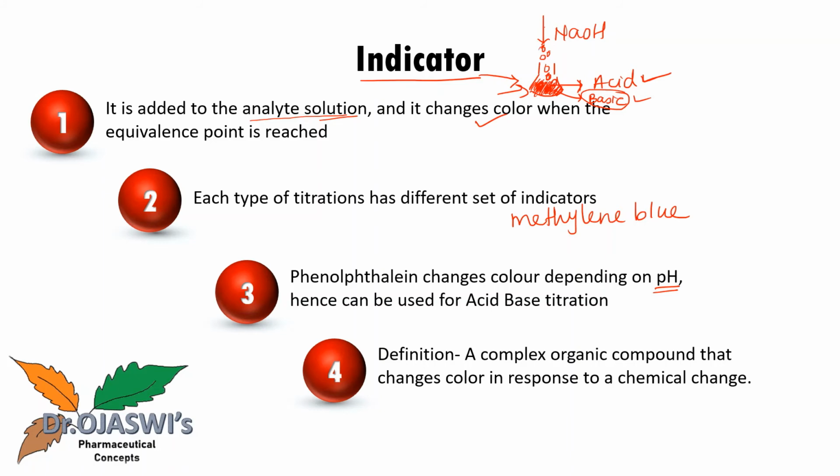Indicators must only be added to the solutions of unknown concentration when no visible reaction is occurring. And depending on the solution being titrated, the choice of indicator can become the key to the success of that titration.